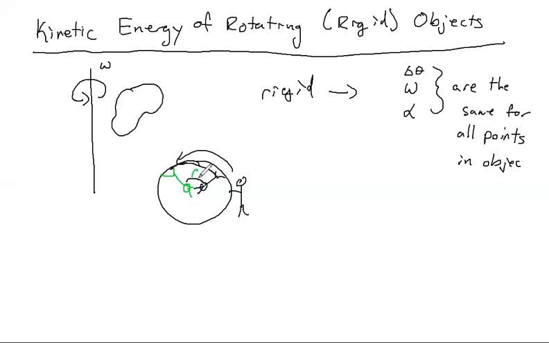So it's the same angle theta for each point along Ryan's body. So all points in his body experience the same change in angle, and similarly, same omega and same alpha. However, his feet have traveled a much longer distance than his head. So the linear velocity of his feet must be greater than the linear velocity of Ryan's head, even with the same angular change. So that's just the first observation.